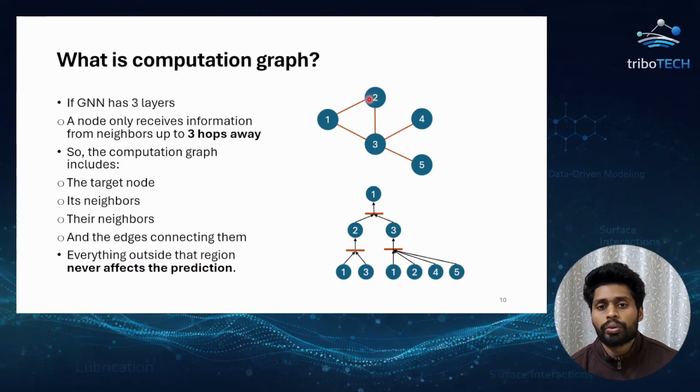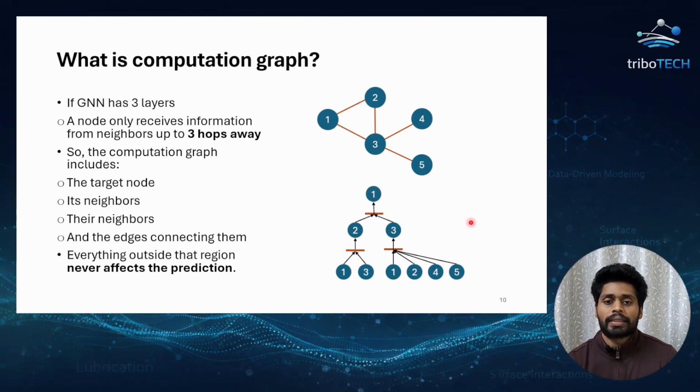Node 2 is connected to 1 and 3, and node 3 is connected to 1, 2, 4, and 5. So the information from 1, 2, 4, and 5 flows into 3, from 1 and 3 flows into 2, and the information from nodes 2 and 3 flows into 1.